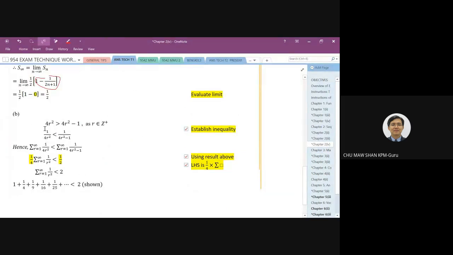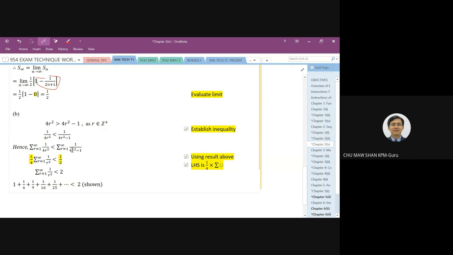We would say 4r squared is definitely greater than 4r squared minus 1, as r is a positive integer. Then for the reciprocal, we change the direction. Greater becomes less than for both reciprocals. And then considering the sum to infinity with the general term being this one, it is still less than.